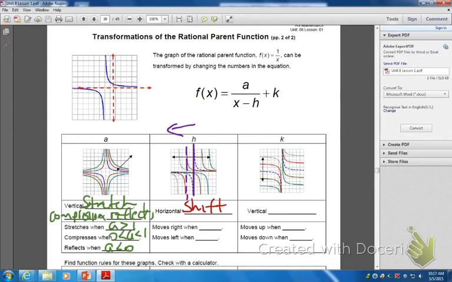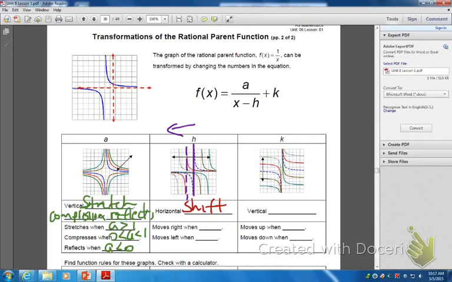Okay, when do we go right? We need to word this carefully. Word it the way you're going to remember it. We move right when we see what? A positive, okay? And we move left when, no, no, hold on.